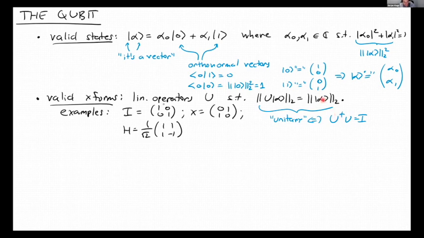Some simple examples: the identity operator, and this X gate, or the NOT gate, if you think about how it acts on this basis of 0, 1.